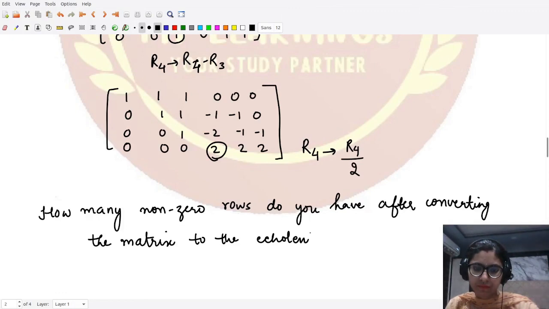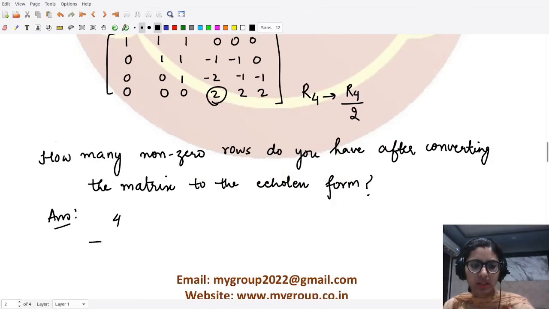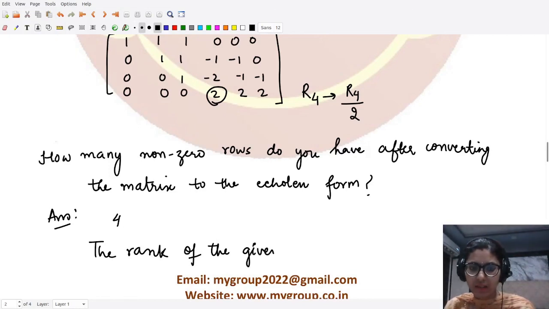Here you see we have 4 non-zero rows. All of the 4 rows are non-zero. So the answer to this question is 4. We can say the rank of the given matrix is 4.